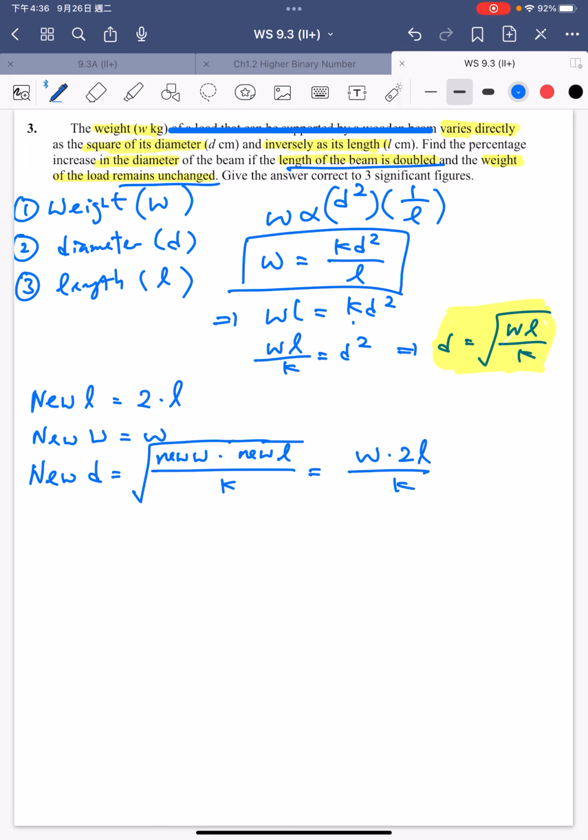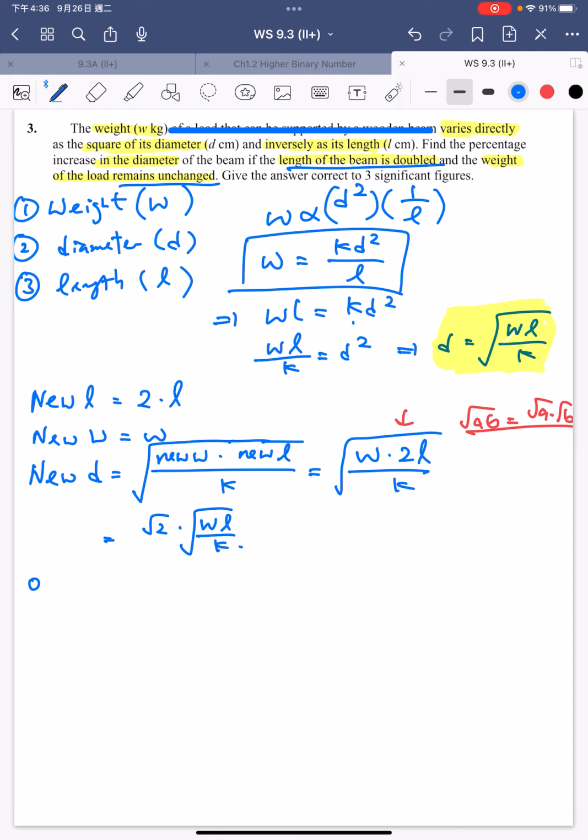Then we divide by K. The K is not changed, it's just a constant. Then we give them a square root. Bear in mind that the square root of A times B is equal to the square root of A times the square root of B. Just using this formula, we can separate this square root. So we can take out the square root of 2, so we have the square root of 2 times the square root of WL over K.